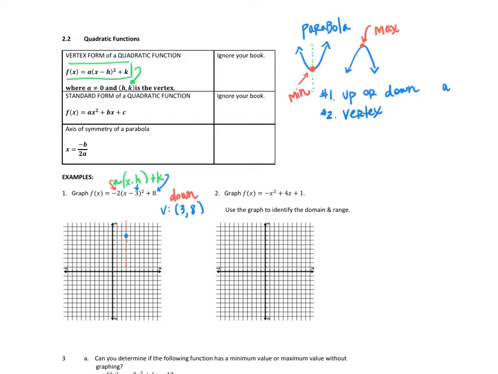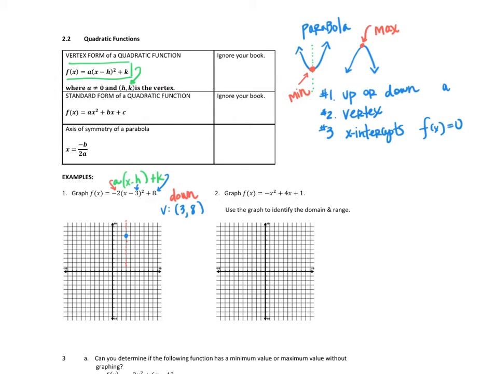So once we have our vertex, of course, you can do a couple points to the left and a couple points to the right, and there's nothing wrong with that. But I also just want to remind you to use your intercepts. If you are looking for real zeros, those are also your x-intercepts. That's when f of x equals 0.